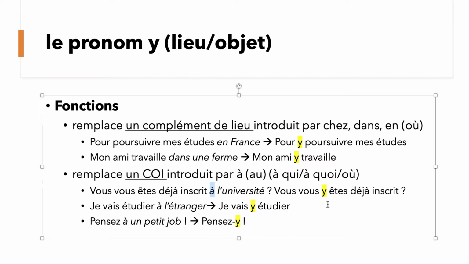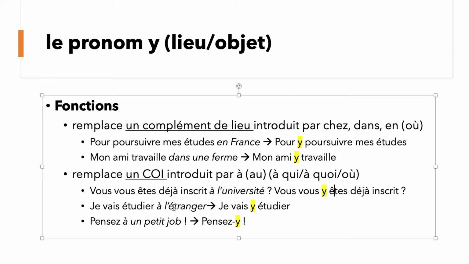So where do you place it now? Here we have un passé composé, okay? Please note that passé composé comes in two words. You have your auxiliaire et le participe passé, all right? So where you're going to be placing the pronom, the y, is still before the conjugated verb. Or, like I like to say it, when you have a passé composé, you place it before the auxiliaire. Okay.